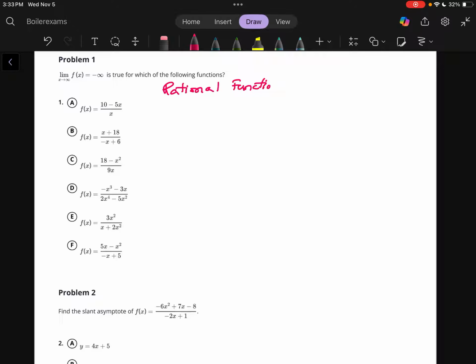So rational functions basically means any function where your numerator and denominator are both polynomials. So we have three scenarios, I guess.